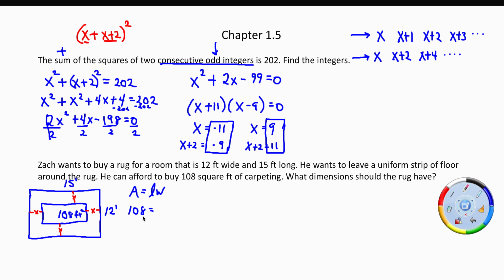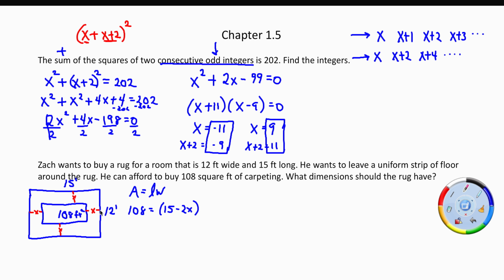All I have to do is figure out the length and the width of the rug. The length of the rug is 15 feet minus x minus x. 15 minus 2x, right? If I'm going to leave 2 foot all the way around the rug, then 15 minus 2 minus 2, or 15 minus 4, would be the length of my rug.